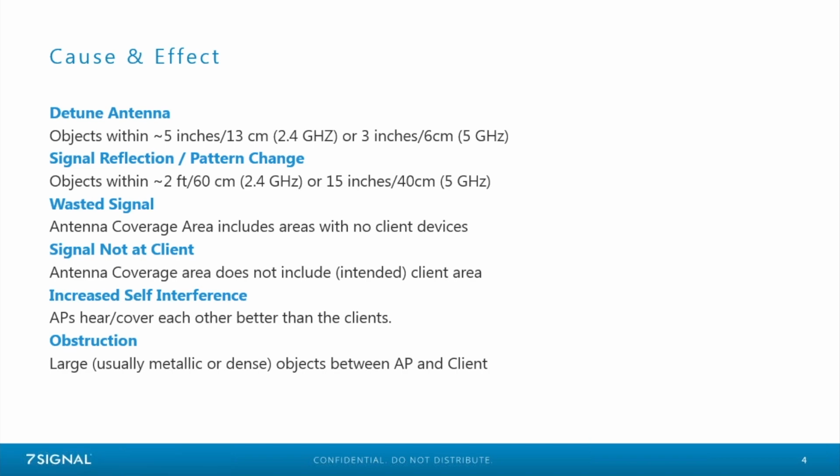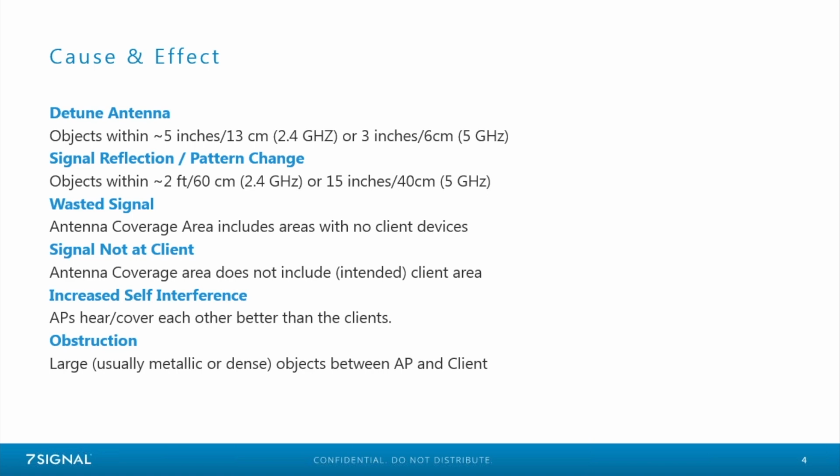The first one is that if you have an antenna close to something, particularly something conductive, it will tend to change the resonant frequency of the antenna so that it's no longer tuned for the 2.4 or 5 gig, or coming soon the 6 gig band.